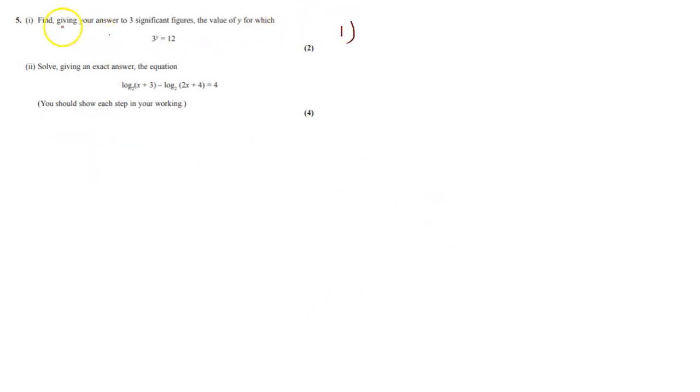Question number 5. First part: find, giving your answer to 3 significant figures, the value of y for which 3 to the power y is equal to 12. Whenever you see the power is an unknown number, we take log of both sides. So log 3 to the power y is equal to log 12. Base can be natural, base can be 10. Now log m to the power n is n log m, so it will be y log 3.